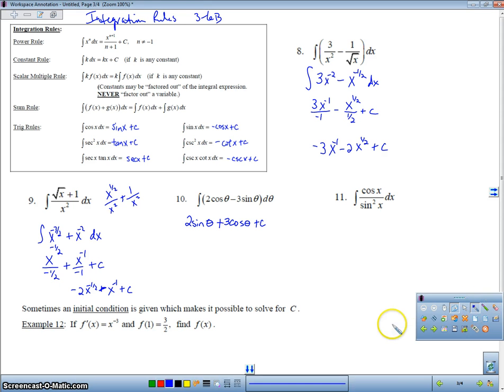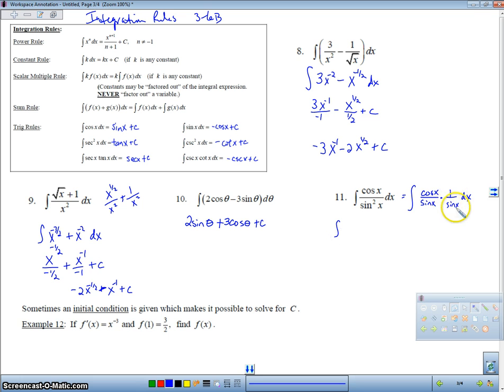Okay, next one here. Cosine x over sine squared x. Now, we don't have a rule for that, right? So we got to get it to look something like this. So I'm going to take a trip back to pre-calculus, and we're going to have the cosine x over sine x times 1 over sine x. So basically, I split up sine squared into 2 of these here, and put one of them under the cosine.